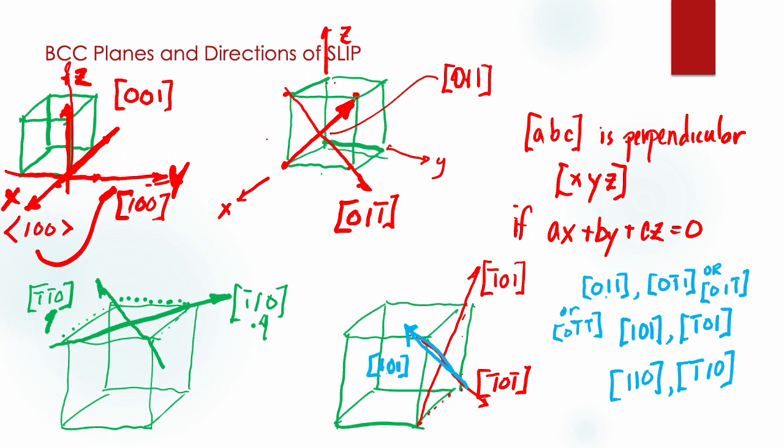So those are the 6 directions in the family. And for a family of directions, we use this kind of bracket, in the family 1, 1, 0. In the family 1, 0, 0, there are 3 members. But again, those directions aren't important in metallurgy.